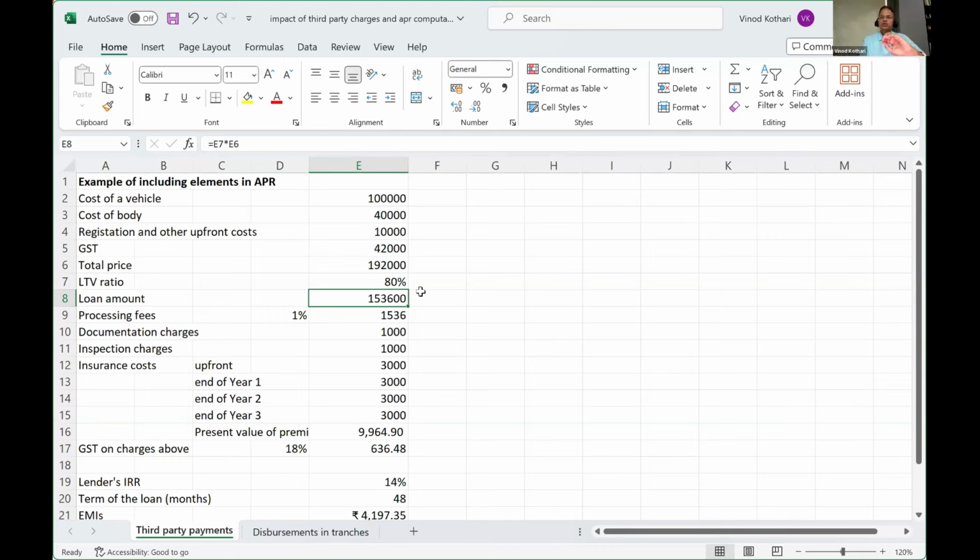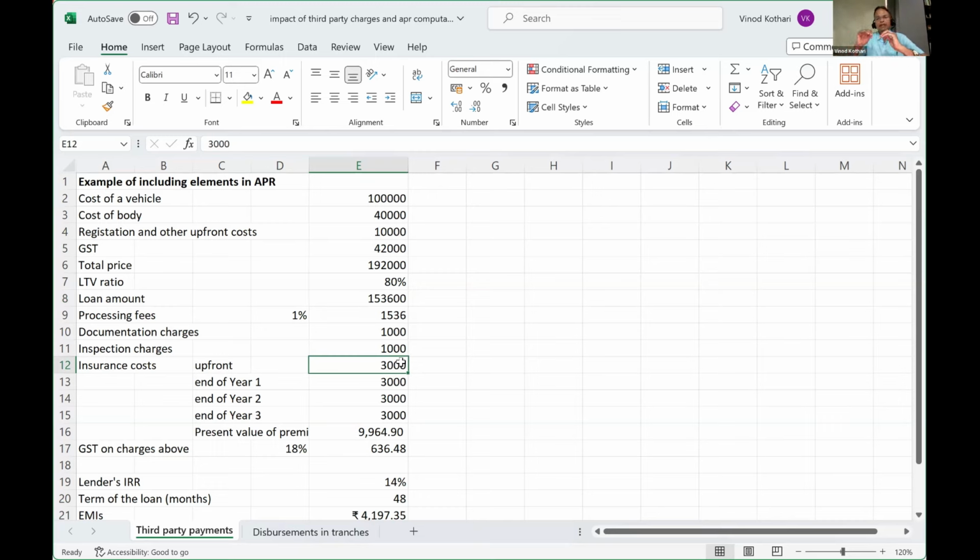The borrower pays the insurance cost to the lender as a condition of the loan. Let's say he pays upfront 3% as insurance premium. Remember, my numbers are illustrative, so I'm not sure what a realistic estimate of the insurance cost is. The lender in turn will pay the insurance company.